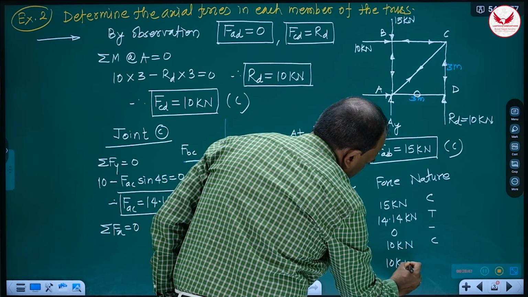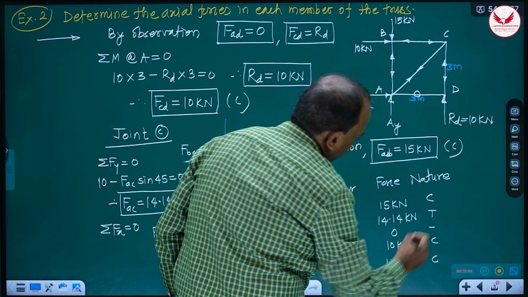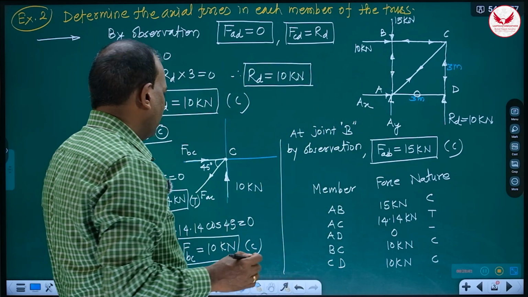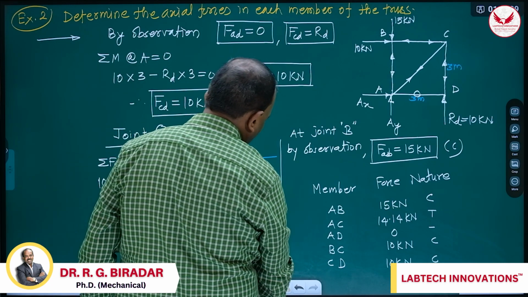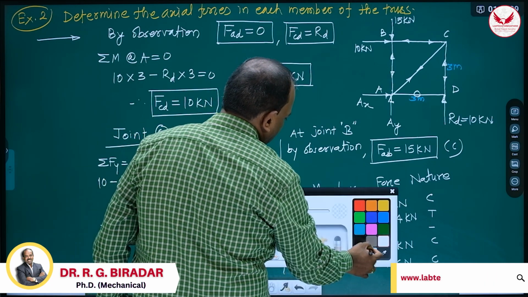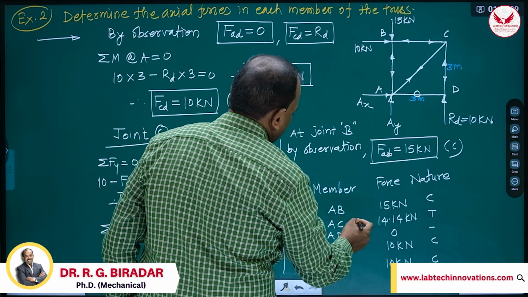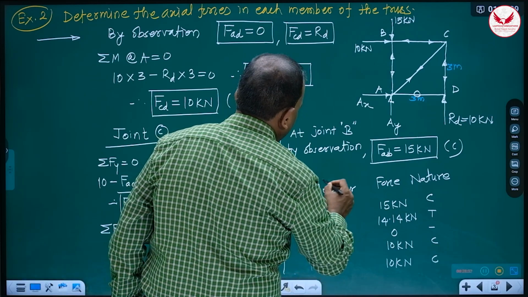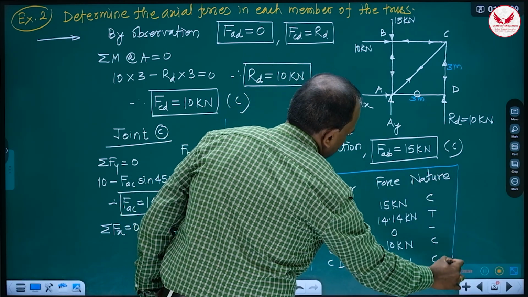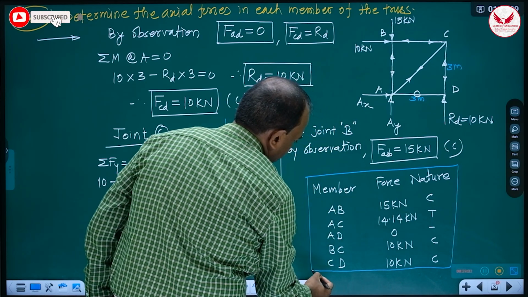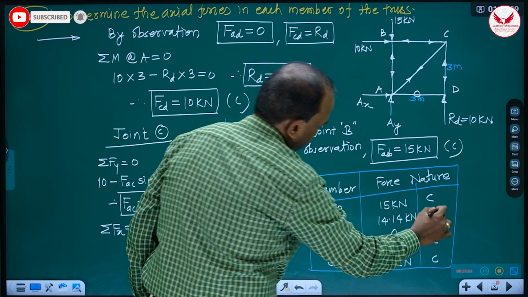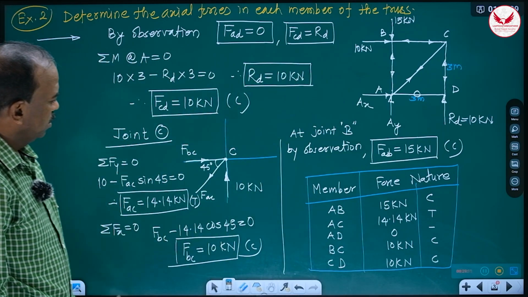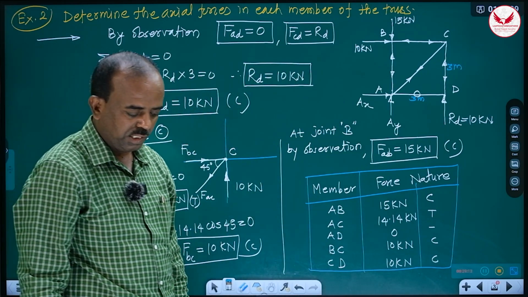Means 3 members are compressive, 1 tensile, and 1 is neutral. Means either simply you can write like this, or if you wish, you can enclose it in the table also like this. It's up to you. Finish. This is the complete answer of this truss example.